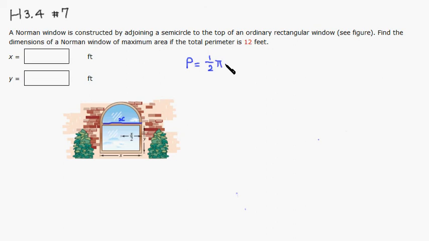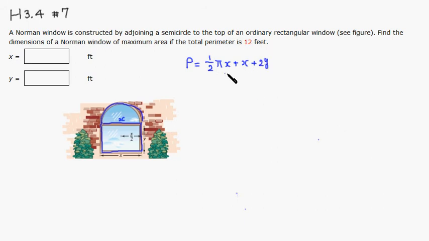So 1/2 pi times x will give you this much. Then plus you have x on the bottom, so x, plus you have two y's. Here's y here, here's another y. So 2y.